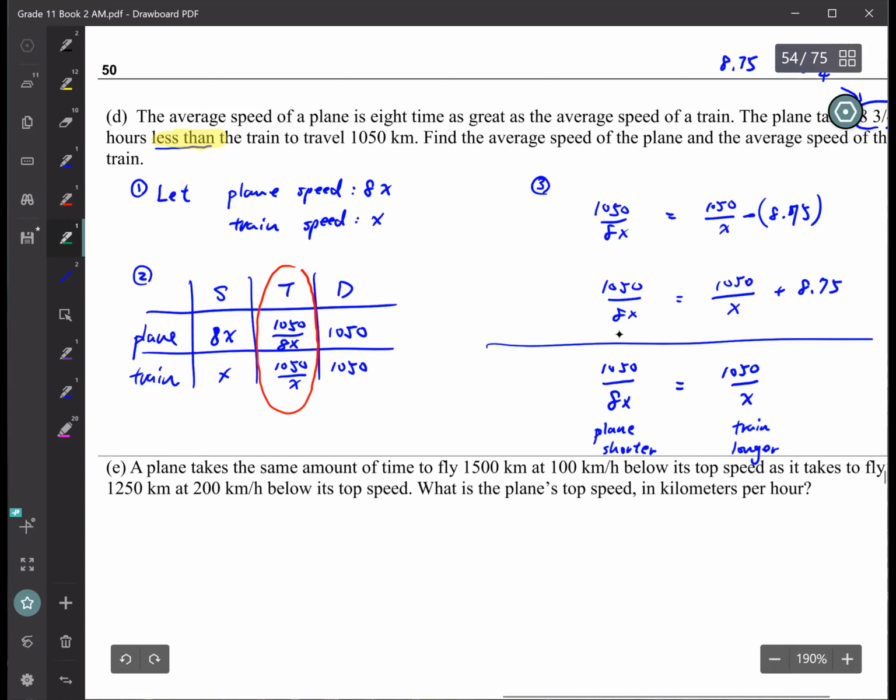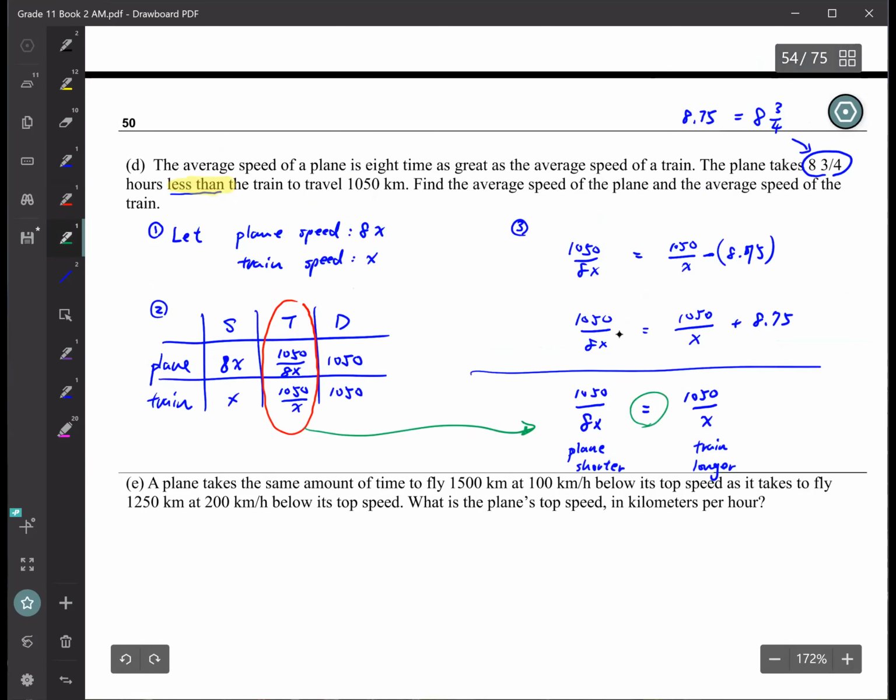Now if you look at the question, the plane takes 8 3/4 less than the train. That means the plane is faster, so that's why it takes shorter.